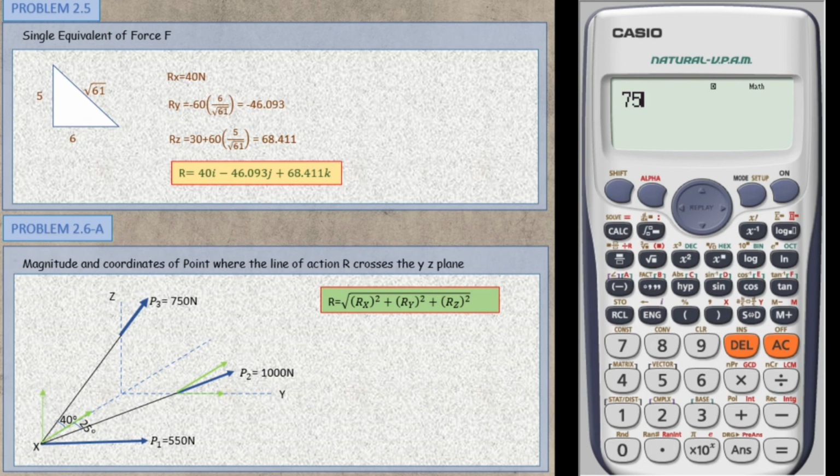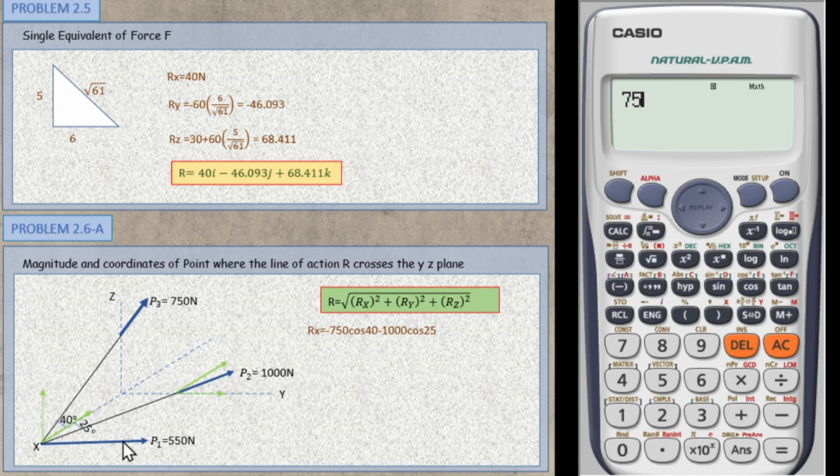So for Rx first, we have negative 750 cosine 40. It is negative since it goes toward the negative x direction.